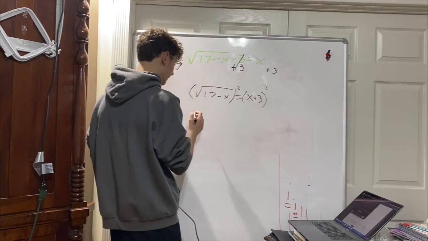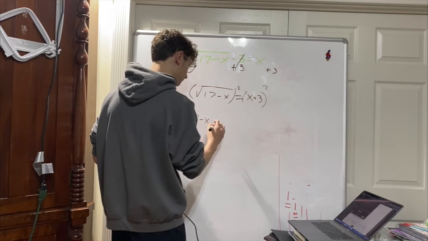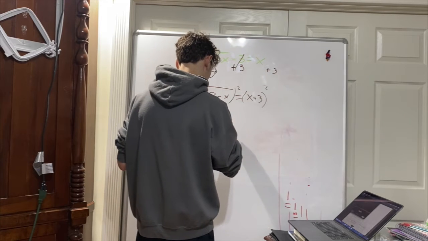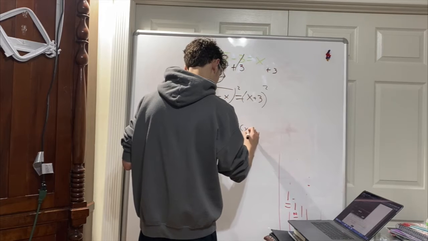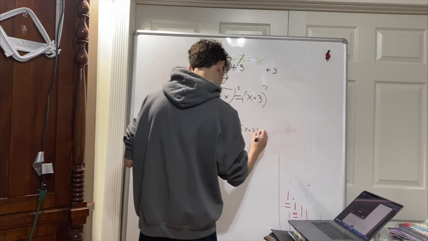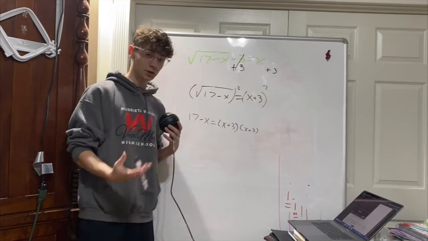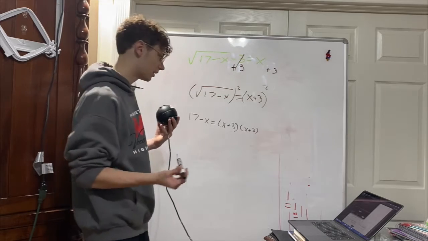So it's going to look like 17 minus x equals x plus 3, x plus 3. What you have is 17 minus x equals x plus 3 times x plus 3.